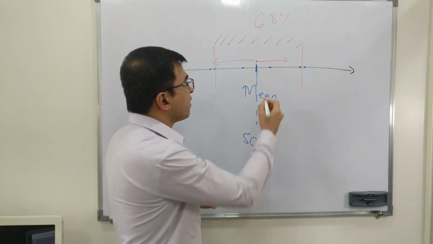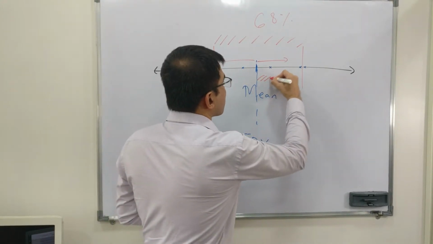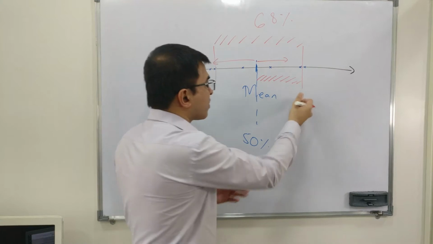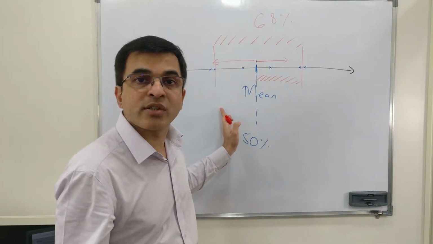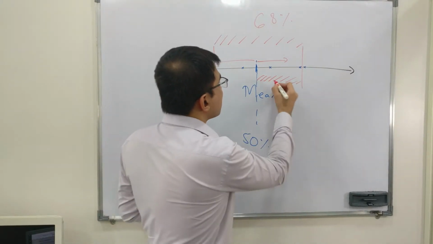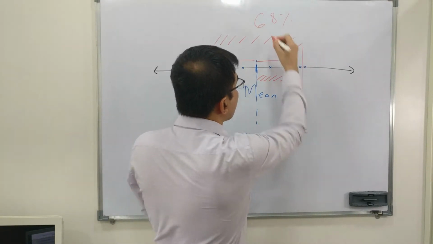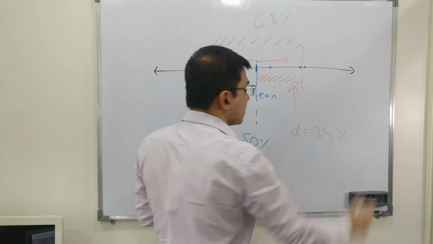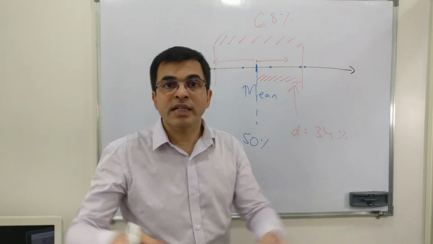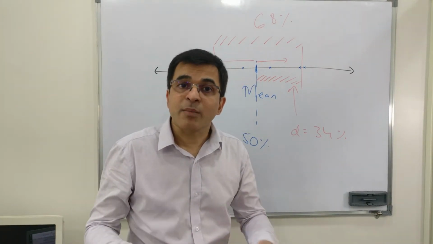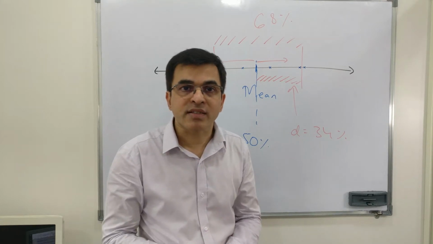Clearly one deviation is this much to the right, and similarly there's one deviation to the left, which tells us that each deviation D in fact covers just half of 68, which is 34. That's how you get a total of 68 combined, because we have 34 on either side.